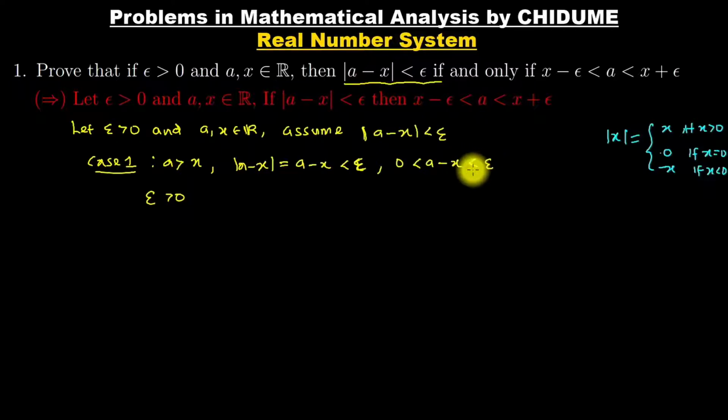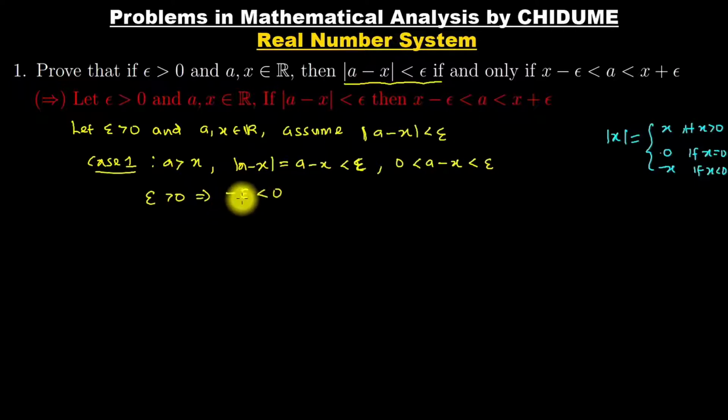Now if epsilon is greater than 0, definitely if I multiply this by negative or divide this by negative, I'm going to have negative epsilon less than 0. Don't forget that anytime you are dividing by a negative, your inequality will be reversed.